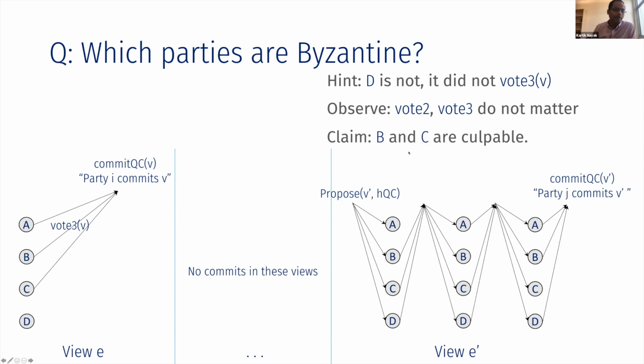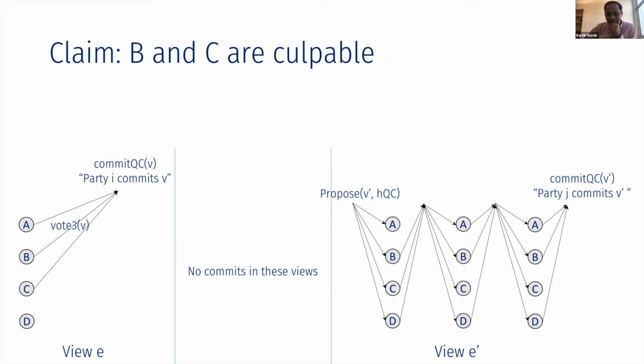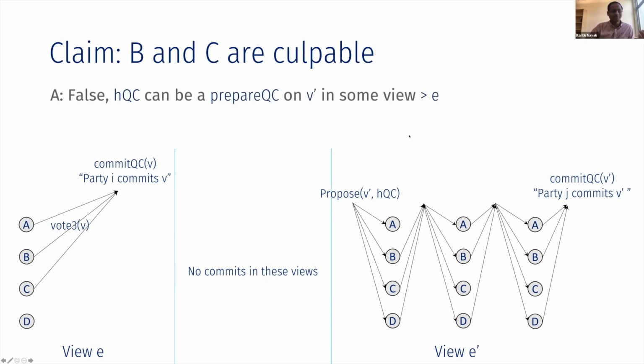So perhaps what matters is the first round of votes in VUE prime, and B and C should be culpable. So my current claim is that B and C are culpable. It turns out that this is not true, at least based on the evidence I have shown to you.